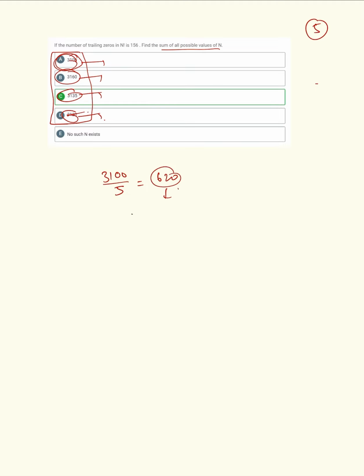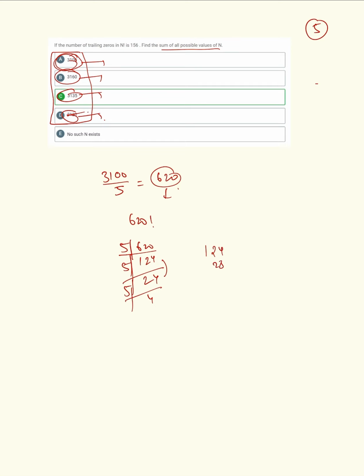So the first such number will be 620 factorial. Now I can take out the trailing zeros of this 620. The number of trailing zeros will be how much? 620 divided by 5 gives 124, and then 5 squared gives 24, so 5 to the power 3 gives 4, and 5 to the power 4 gives 0.